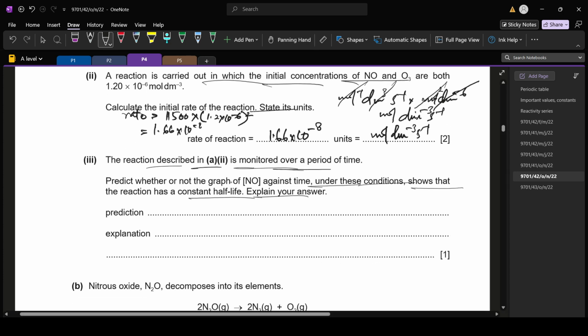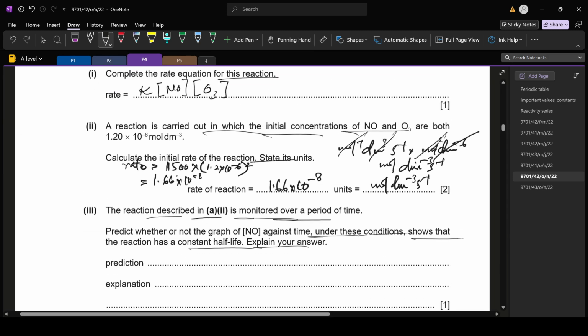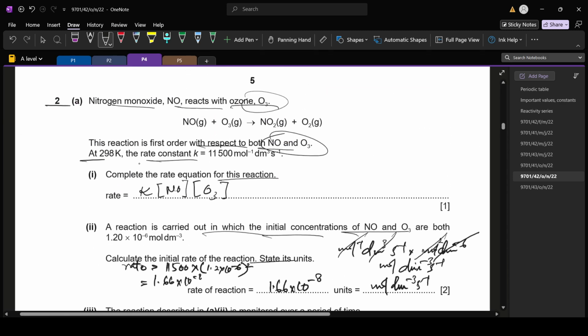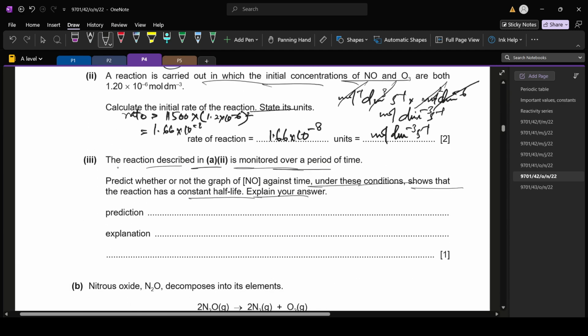It will have no constant half-life, because you can see that the overall reaction is second order: first order with respect to nitrogen monoxide, and first order with respect to ozone. So for second order, the half-life is not constant. It is constant for first order.